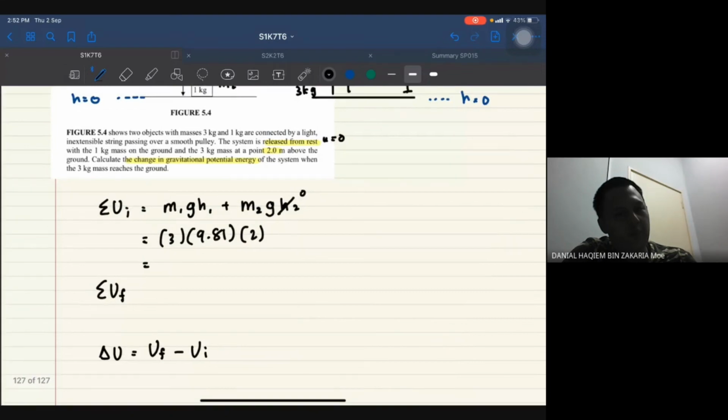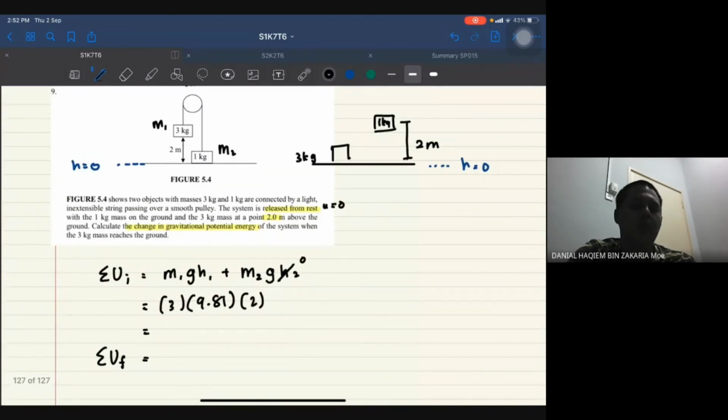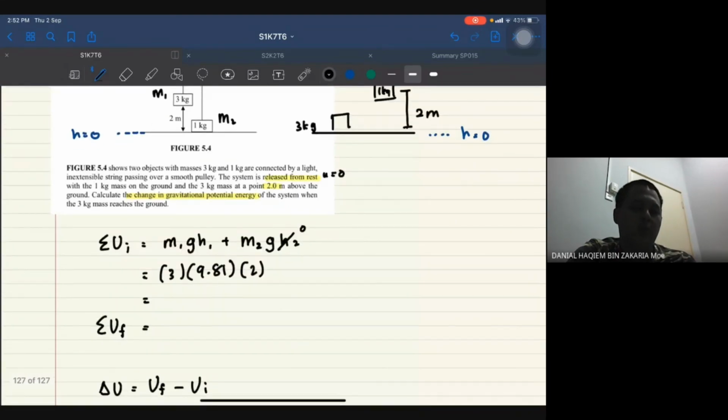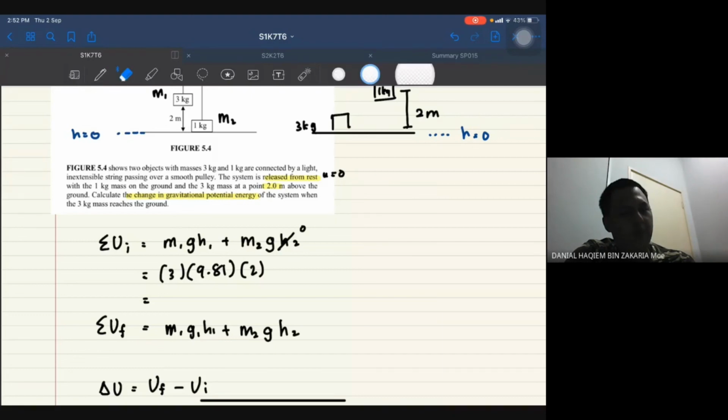Okay, on the other hand, when it starts at the final position, we have m1 g h1. G tak ada subscript. So this one is the one that becomes 0.